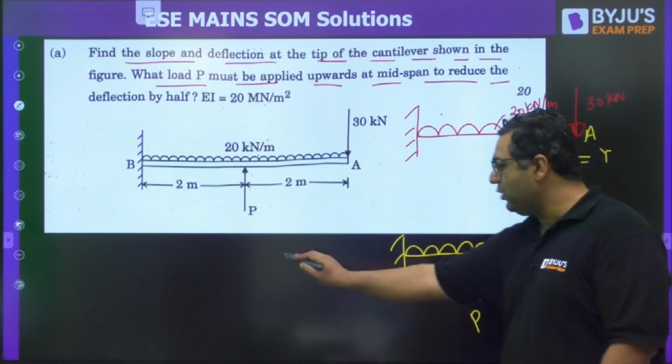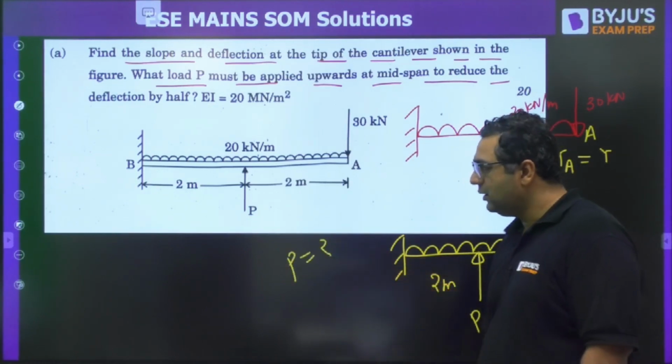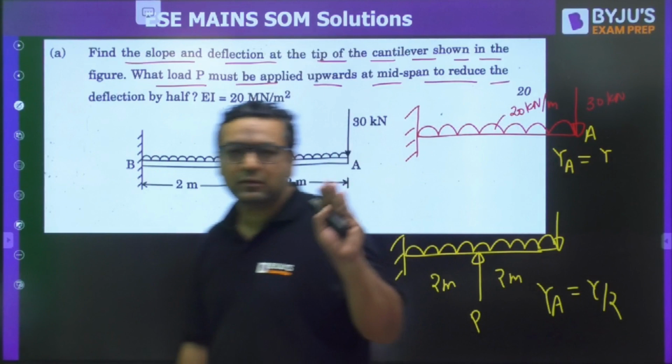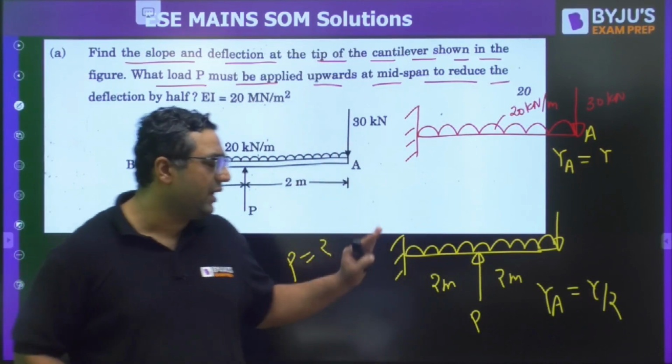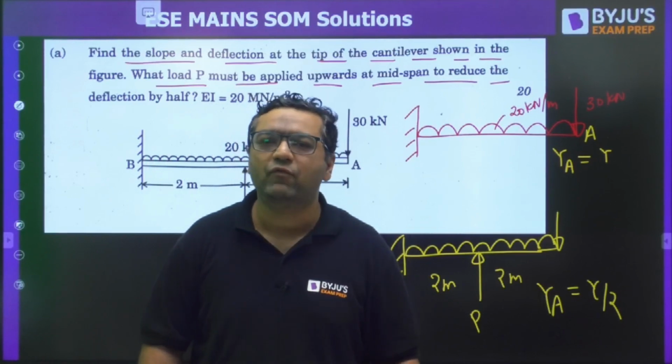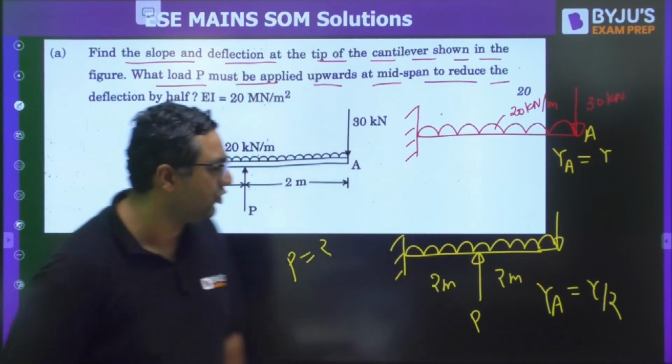So you need to find the value of P. I feel from the explanation so far you will have understood that here we are going to use the principle of superposition in deflection of beams.